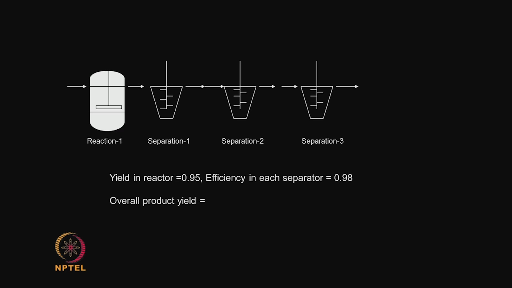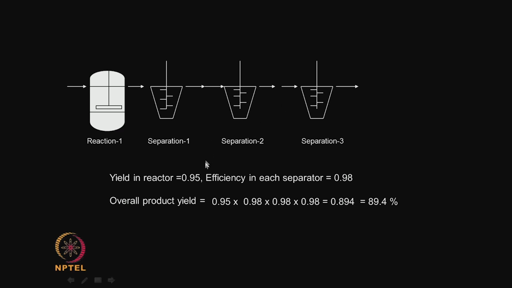So, if you do that, what happens? We end up with 89%. That means overall product yield is only 89%. At the end of these 3 downstream steps, we are getting only 89% of our product. That means almost 11% of the product is lost, because of the separation and because of the poor yield in the reactor.